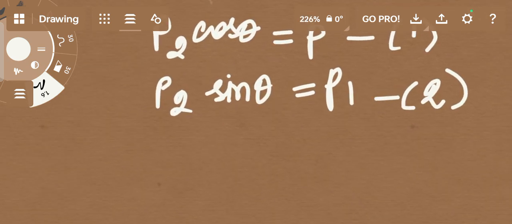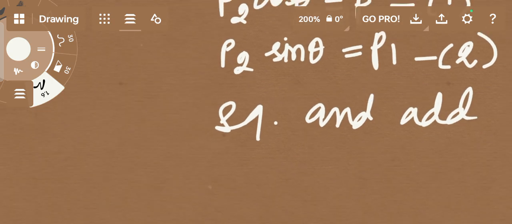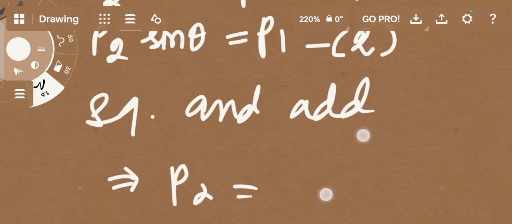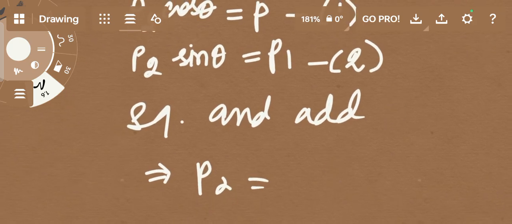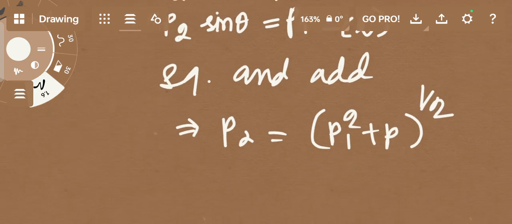So what we do here is square and add both the equations. So you will get p2 sin square theta plus p2 cos square theta. Sin square theta plus cos square theta is 1. So p2 is equal to the root of p1 square plus p square.